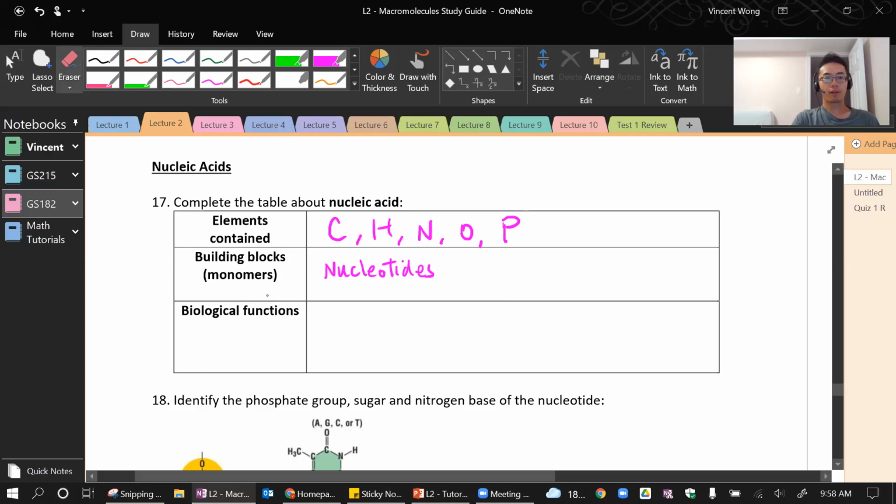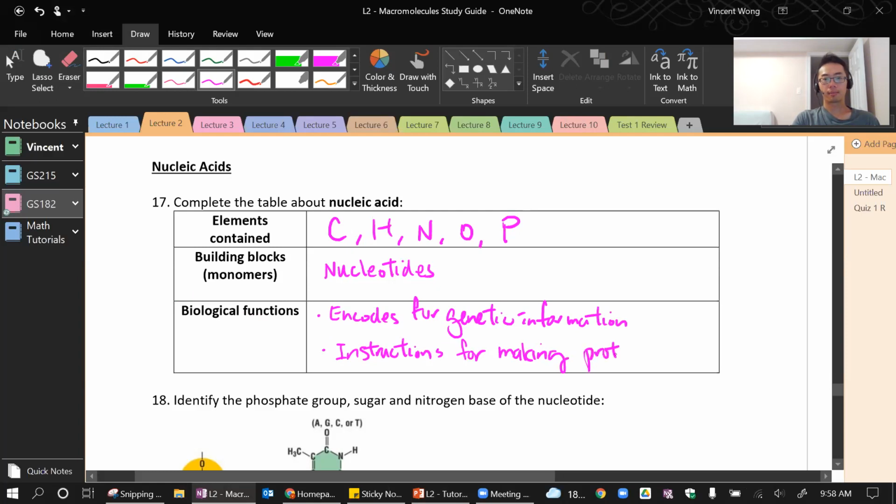And a biological function of nucleic acids is that it encodes genetic information. And it has the instructions for making proteins.